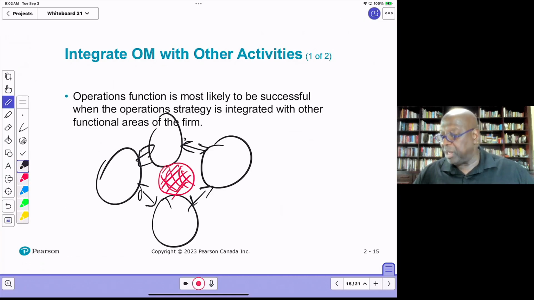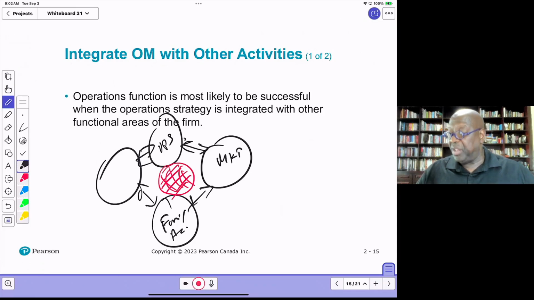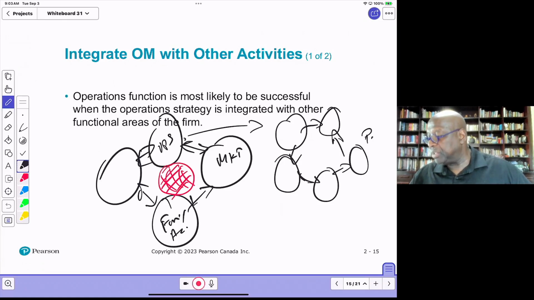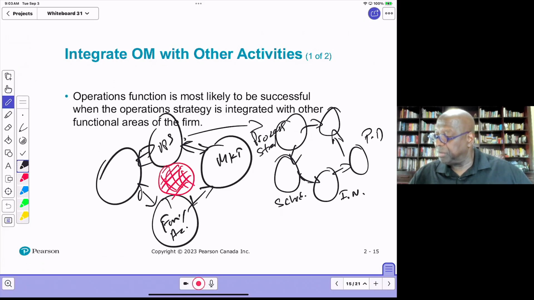So if we're talking about marketing, talking about finance and accounting, ops, and so on, and then when we now go to operations and we take the 10 decision areas of OM, they also have to interact with each other, right? So if we're talking about product design, inventory management, scheduling, process strategy, so these have to interact with each other as well.